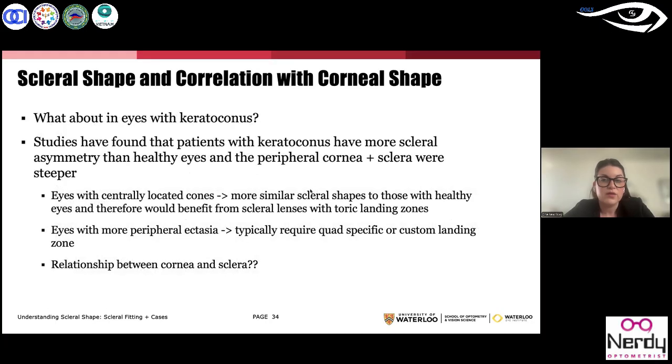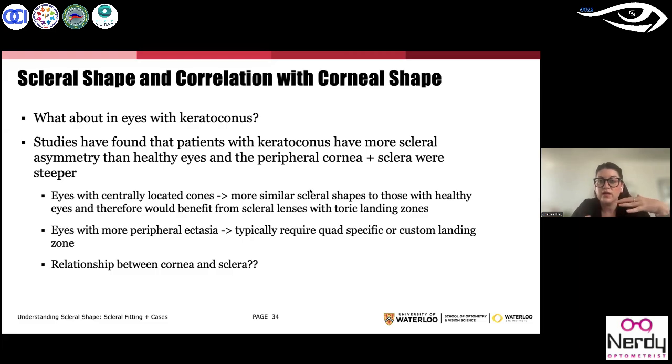What about in eyes with keratoconus? There are some studies that have found patients with keratoconus have more scleral asymmetry than healthy eyes, and the peripheral cornea and sclera are steeper in these cases. Eyes with very central ectasias have scleral shapes more similar to healthy eyes, so you can fit with regular toric landing zones. But the more peripheral the ectasia gets, the more likely you're going to need a quad-specific landing zone.